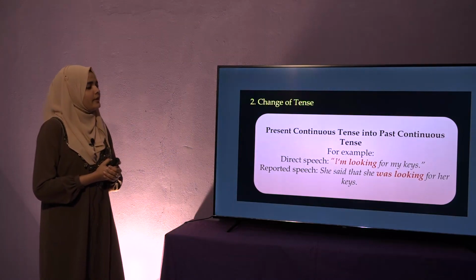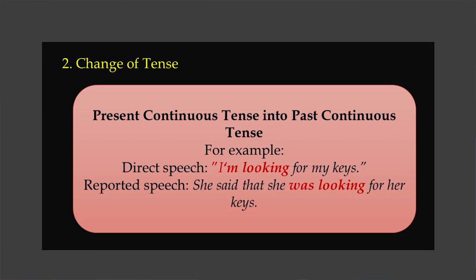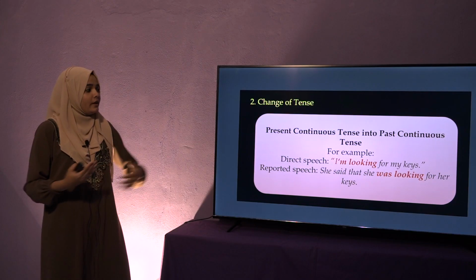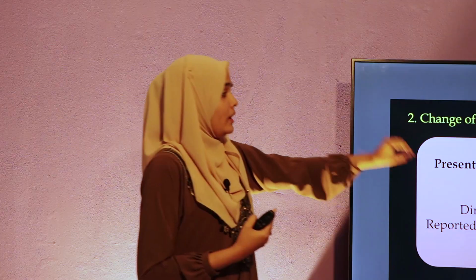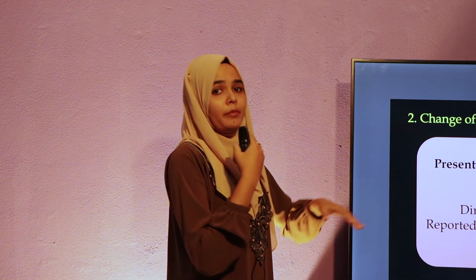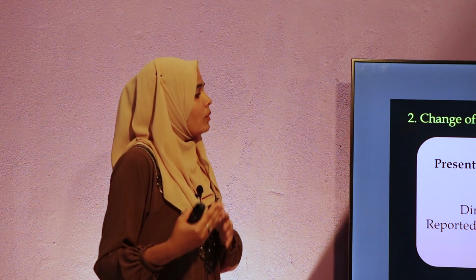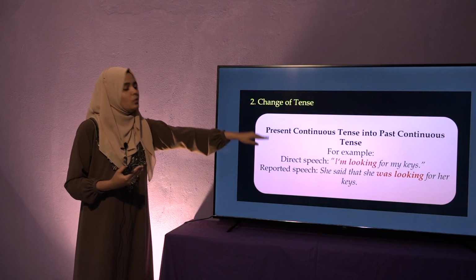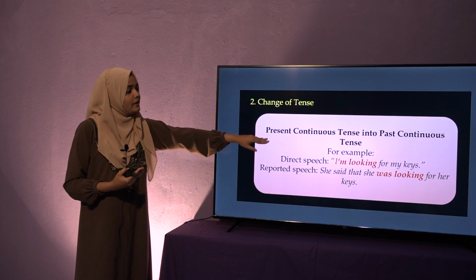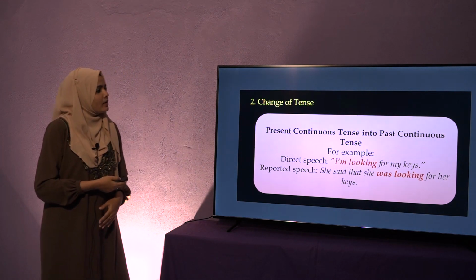For example, here, I am looking for my keys has changed to she said that she was looking for her keys. Here you can see am has changed to was. In continuous tense, the main verb remains the same while the auxiliary verb changes. Am has changed to was, but looking is the same.